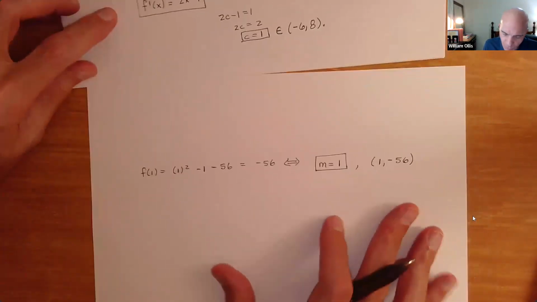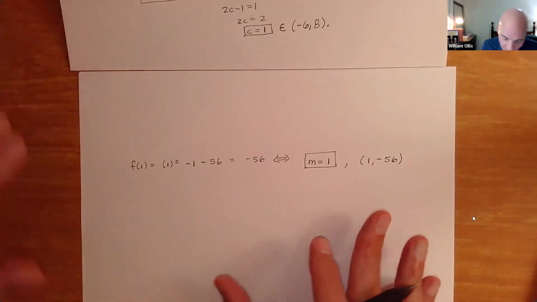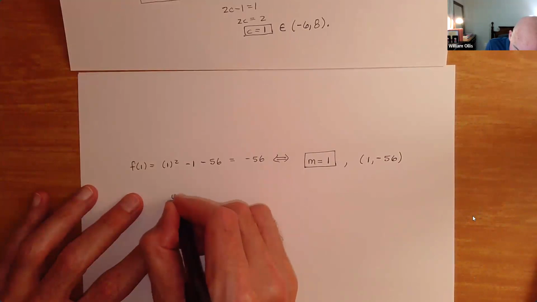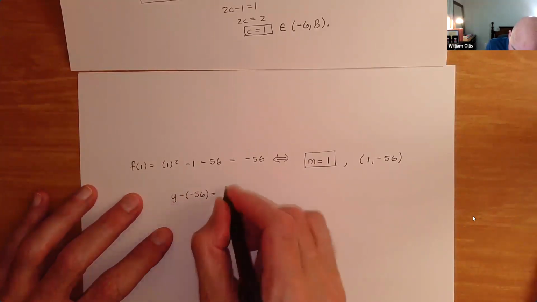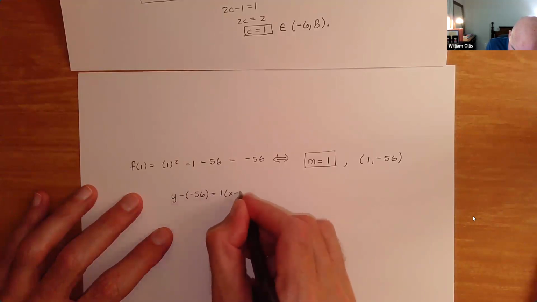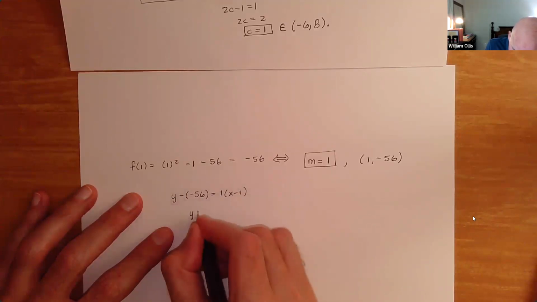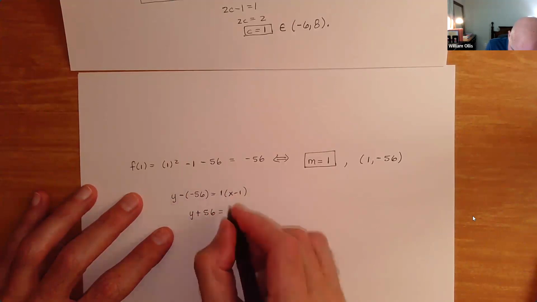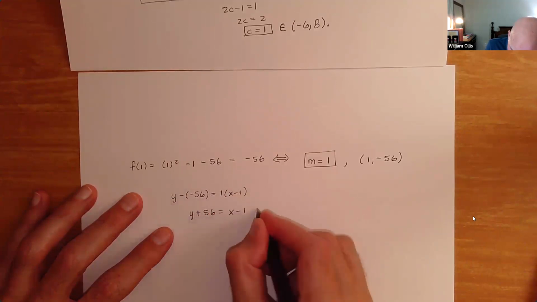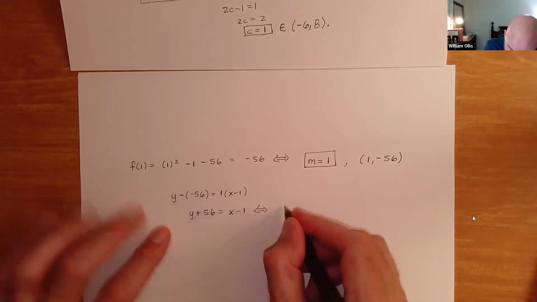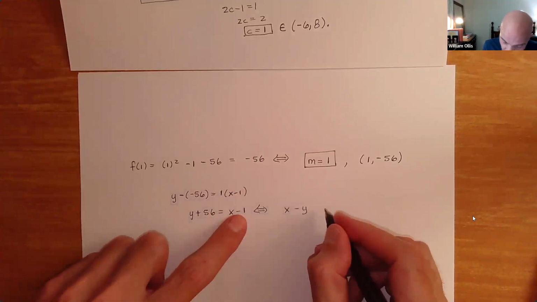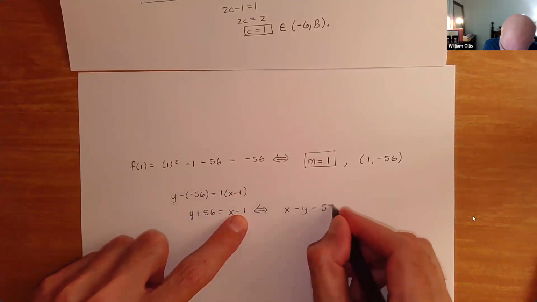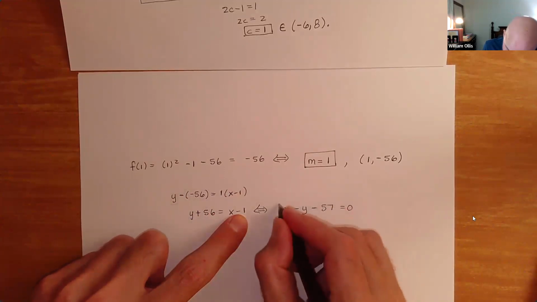So now, when we look at this, we can finish the problem. We have y minus negative 56 equals 1 times x minus 1. So we have y plus 56 equals x minus 1. We can transpose everything to one side, so we'll have x minus y, and of course 56 minus 1 will give us negative 57, and we'll set that to 0.